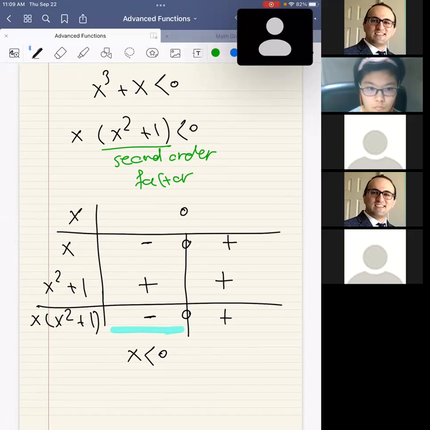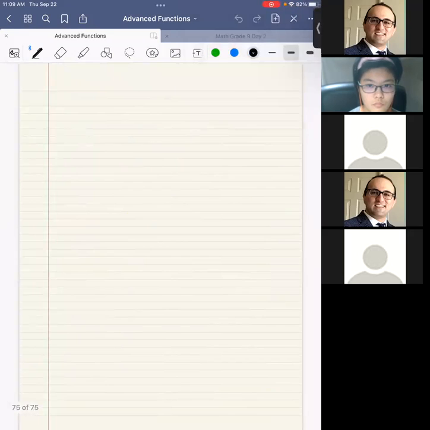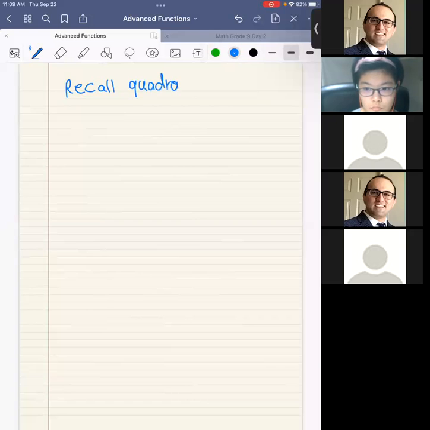Let me give you a quick example of a second order term that doesn't have any root. Just recall the quadratic. Say minus 2x squared plus 3x minus 4.